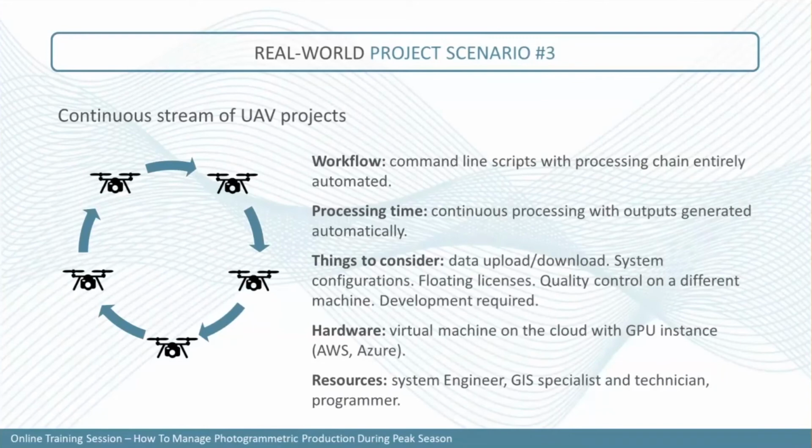And for such a project, maybe it will require a system engineer to build up the setup on AWS or Azure, or make sure that the continuous flow of data is up to date, a GIS specialist to do the QC on the output, and also maybe a technician if you want to have an optimized script, depending on the language you will use. If you're planning to use, let's say, your Correlator3D script within a Python script.